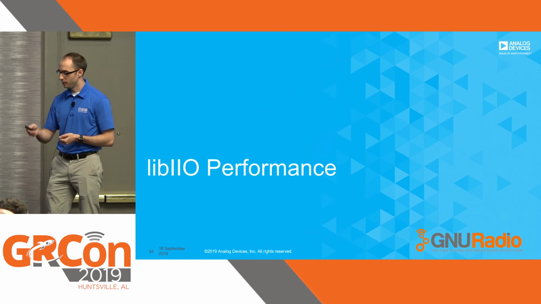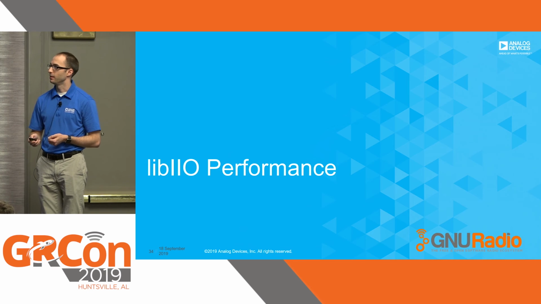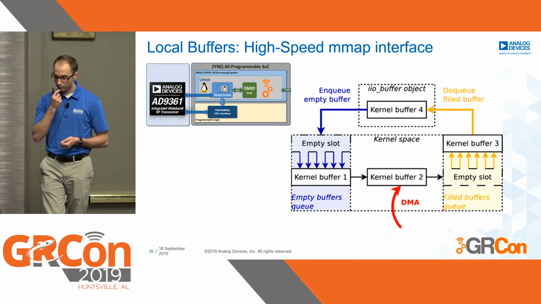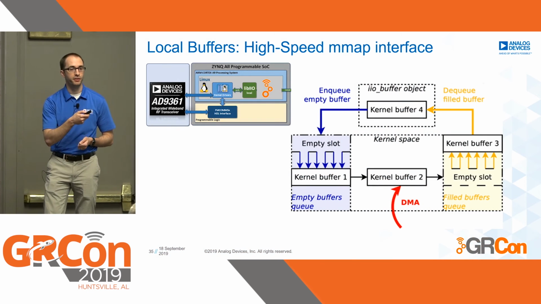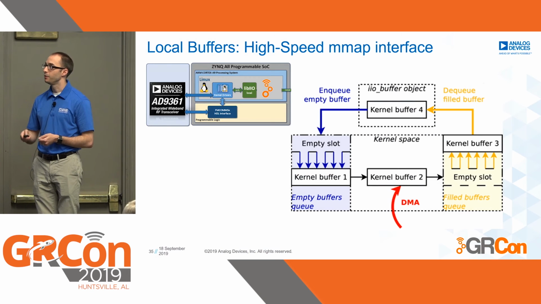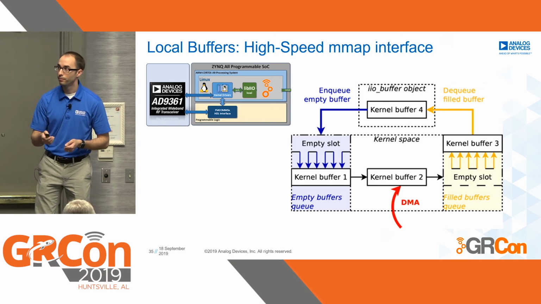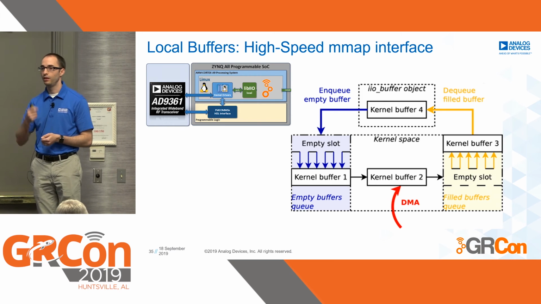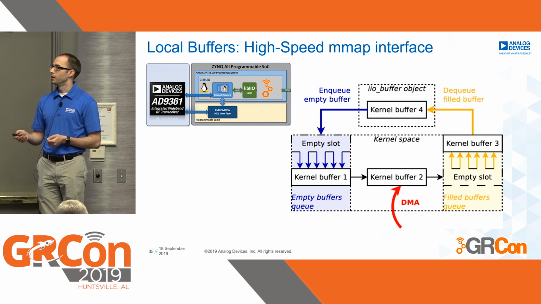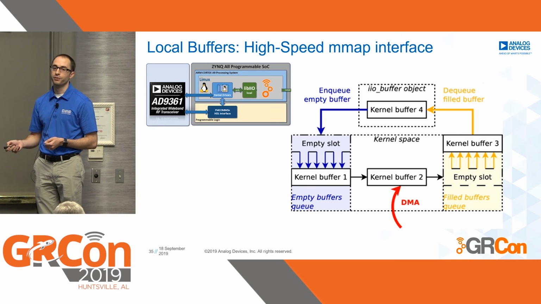Okay. Next, I'm just going to talk a little bit about libiio performance. We had a really interesting talk the other day about the E310 and pulling data off of it at speed. How we do this is with a kernel driver, and inside the kernel driver is a ring buffer that we use.